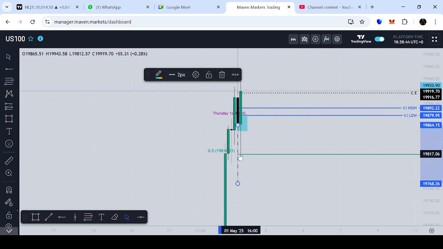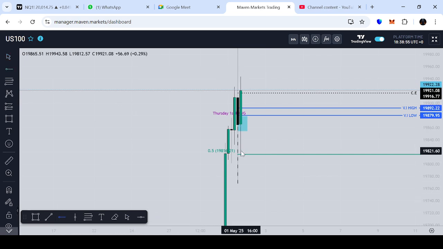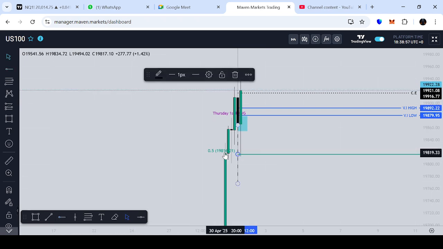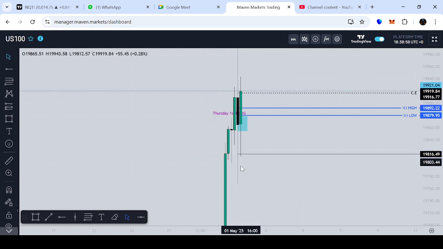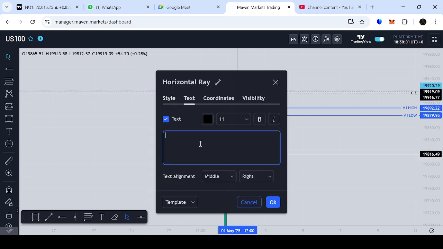That's a 50% level, acting as a major support level. That's a discount area. That's the 4 hour 50%.